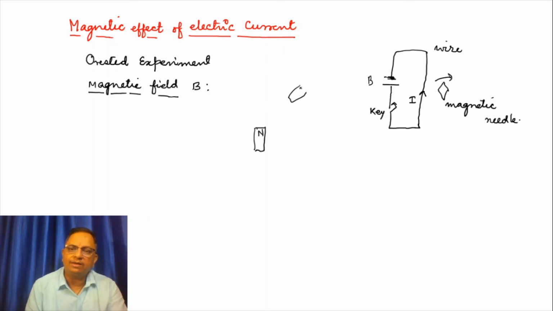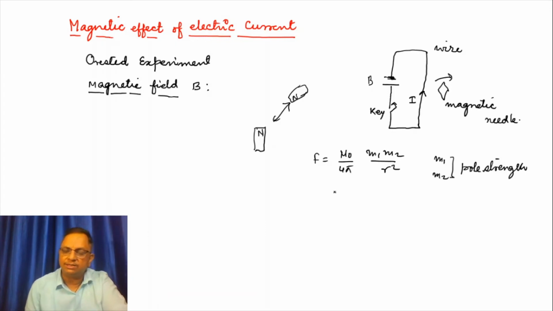Another magnet we bring near to it, and we find that there will be a force acting between them. Just like the Coulomb force, the force will be mu0/4 pi m1 m2 over r square, where m1 and m2 are the pole strengths and r is the distance between the poles.